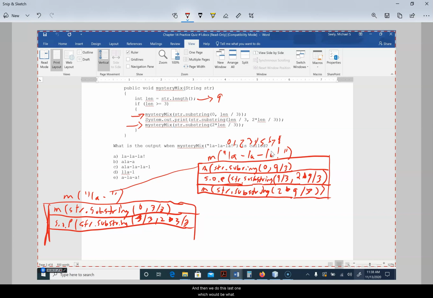And then we do this last one, which would be what? M of str.substring, what?